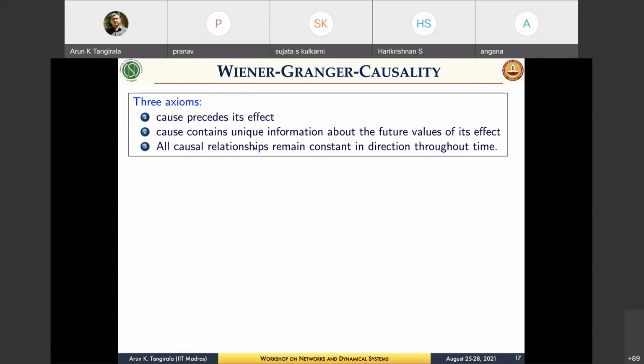Third one, if it is violated, you can use an adaptive or a time varying approach to catch up with changing causal relationships. But the first one, suppose cause and effect are instantly related, then you have to be careful. There are some workarounds, but no complete workaround for violation of the first axiom.